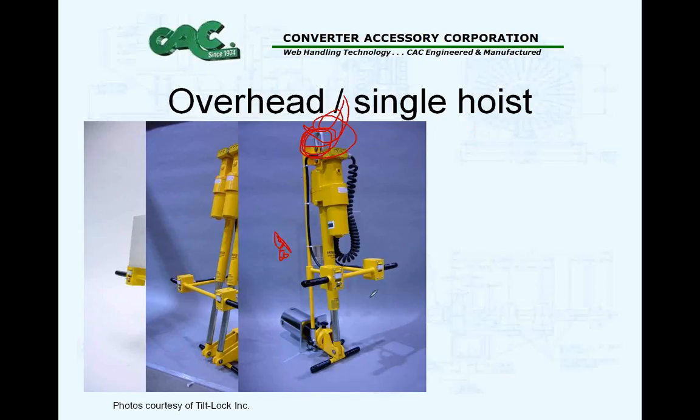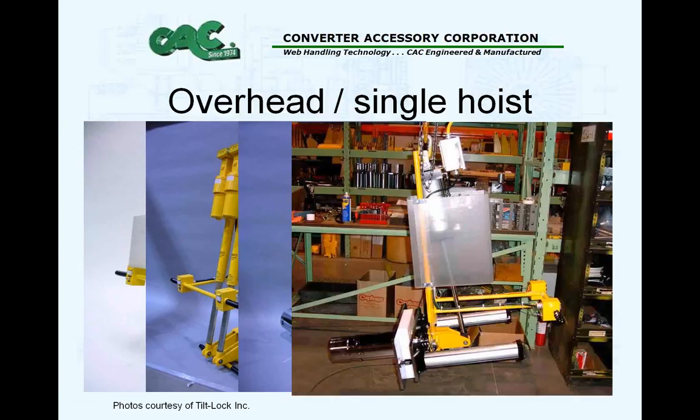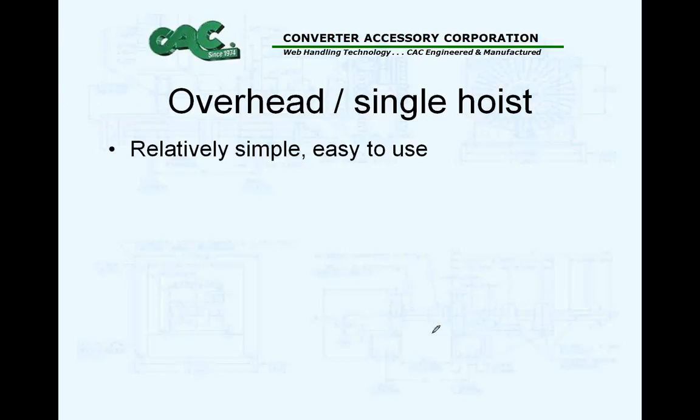So you'll always have a little bit of tilt with these systems, like it shows in this photo, and that could cause you some damage to the corner of your roll when you lay it onto the floor, or if you go to load a cantilever shaft, it may be difficult because the roll isn't truly parallel to the shaft, or parallel to the floor.